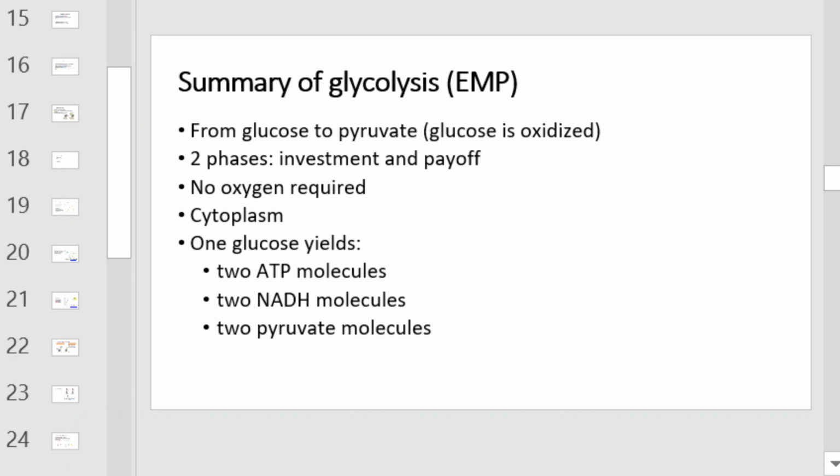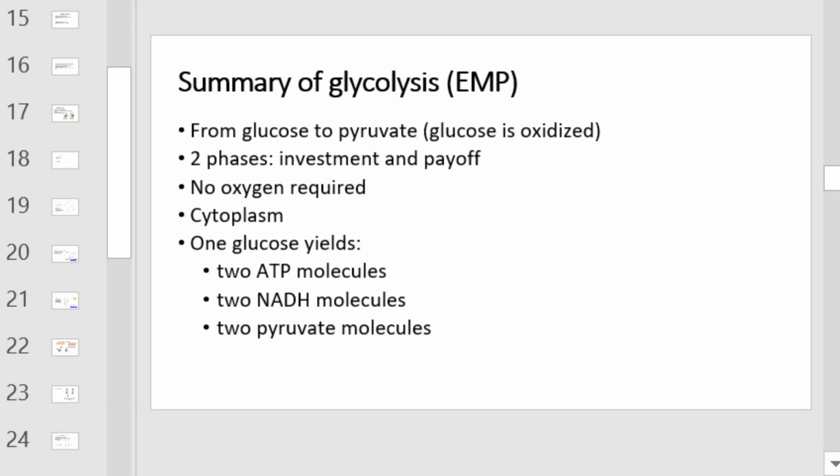Without going into too much detail, glycolysis will take glucose and break it down into pyruvate. The glucose will be oxidized. There are two phases of glycolysis: an investment or initiation phase and a payoff phase.